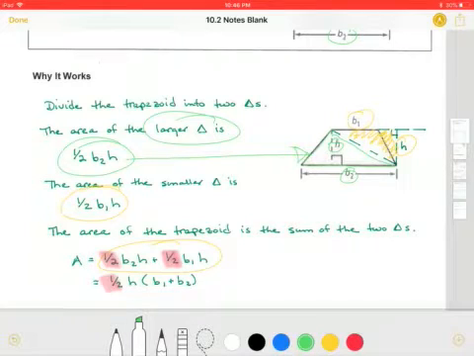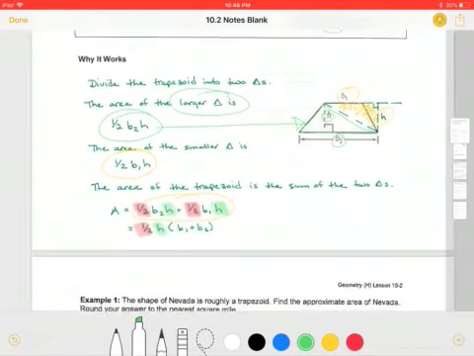And they also share H common with both of them. So really, it's just adding the 2 bases, multiplying it with the height, multiplying it by 1/2. Pretty simple.